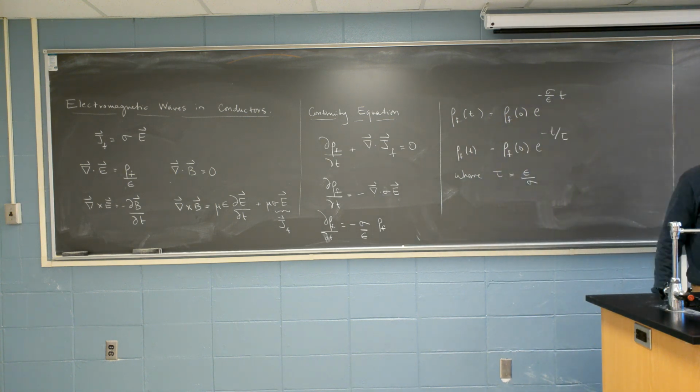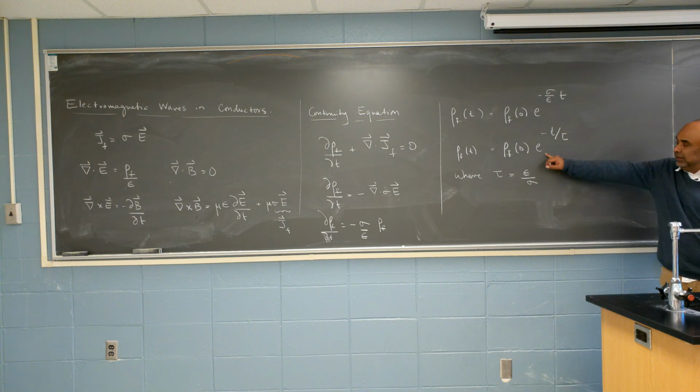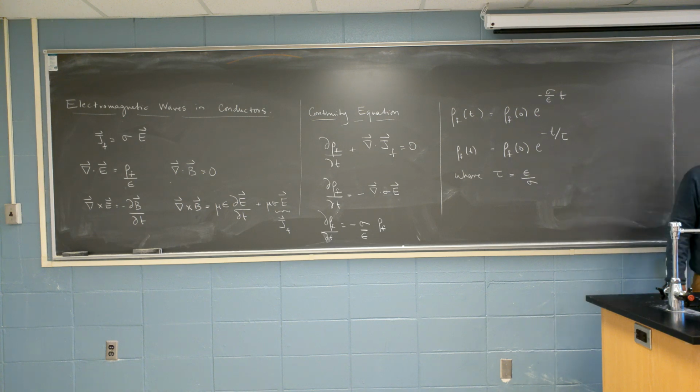So in the electrostatic case, what happens to all the charges? It runs to the surface. Here too, that has to happen, because inside the conductor, the charge density is exponentially decaying. So while it's not zero, it goes to zero pretty fast.